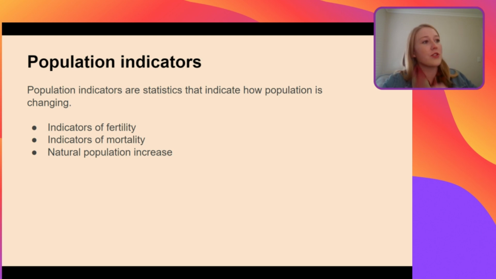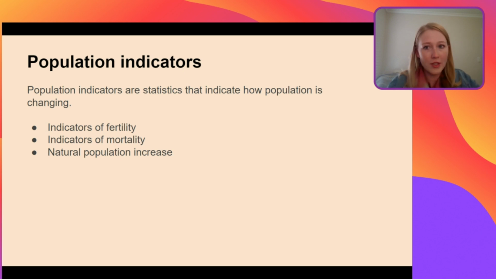So indicators of fertility tells us how many kids are being born in a country in the population. Indicators of mortality show us how many people die in the country. Okay, then natural population increase is basically the difference between the two. So if we have more people being born than people dying, generally we will see an increase in the population.